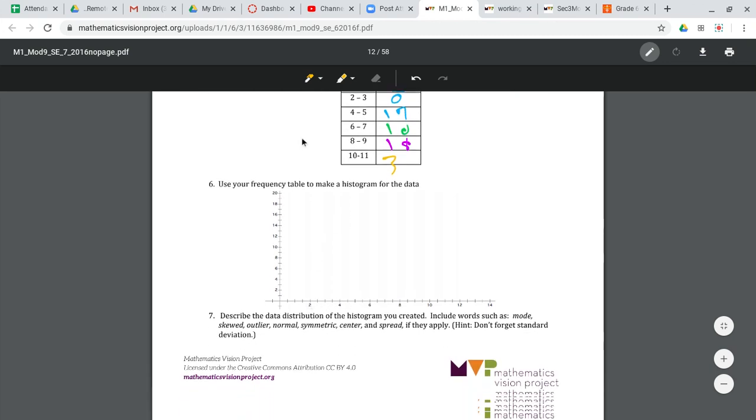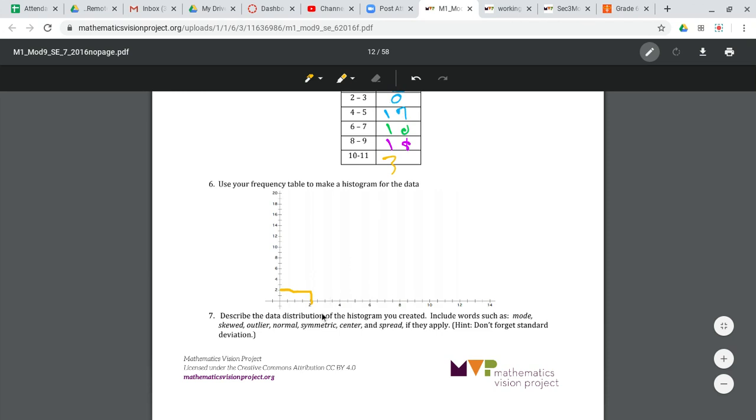So we've got from 0 to 1 was a 2. So remember, with histograms, we go up to the next interval, because it doesn't exist at 2, but it's everything leading up to that.